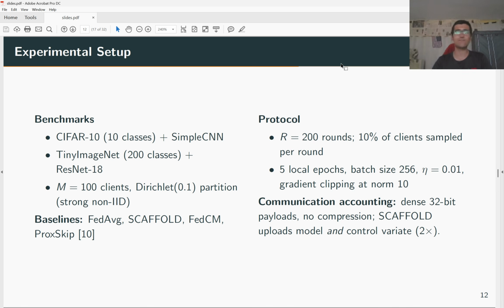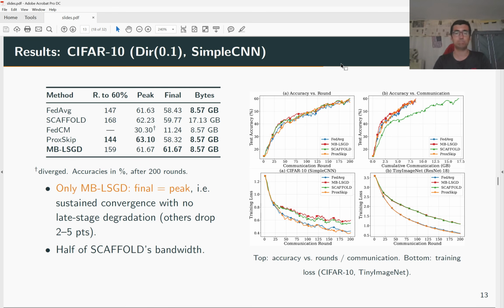We compare against FedAvg, Scaffold, FedCM, and ProgSkip. And one accounting note: so the communication numbers are unambiguous, we count dense 32-bit payloads with no compression, and Scaffold uploads both the model and its control variate update, so it pays double per round.